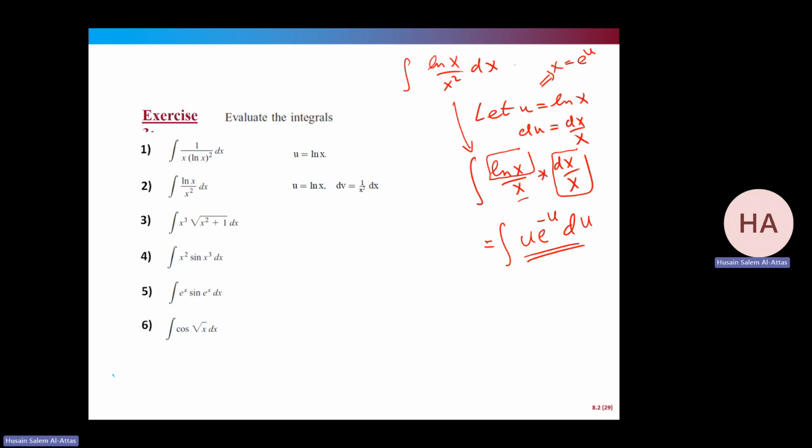Now this one, if I take this as u, still you can do it with u and du. If I take u equal x squared plus 1, I need to split x cubed into 2 parts, x and x squared. Then I write x squared as u minus 1, and this x, I will take as du. Then you can do it. So it can be done by substitution.